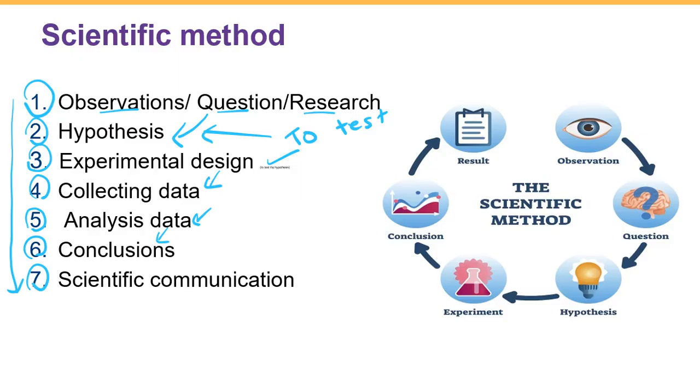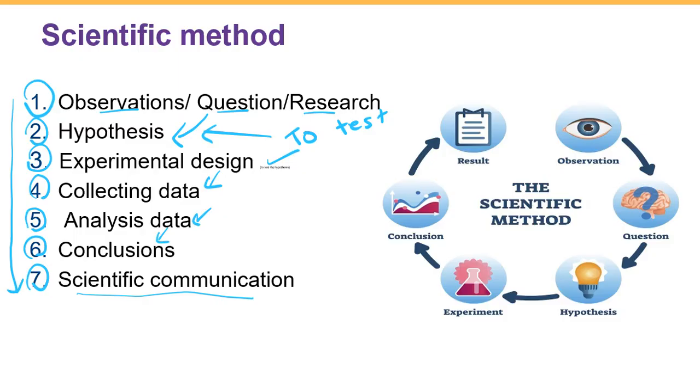Then it's time to communicate in scientific communication. It means that scientists share what they learn so that others can learn too, like by writing a report, publishing an article, giving a presentation, or posting findings online.